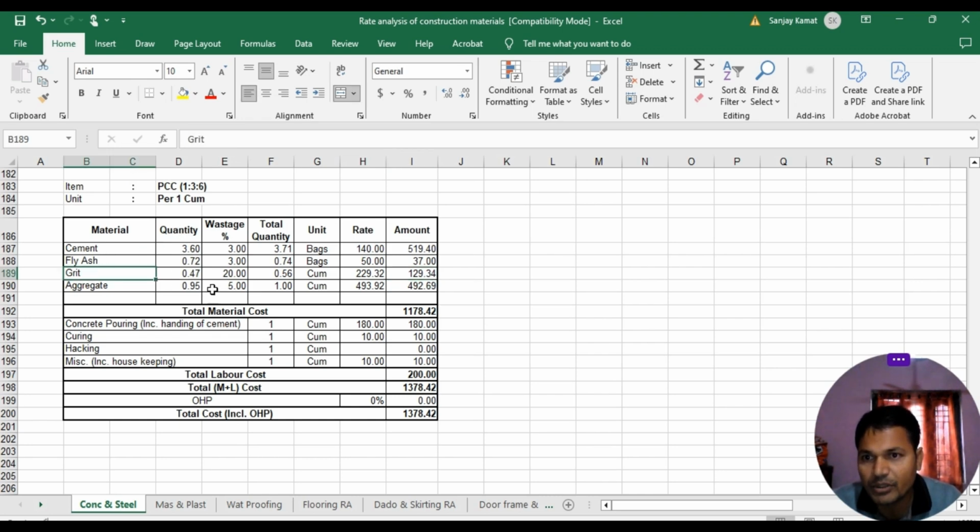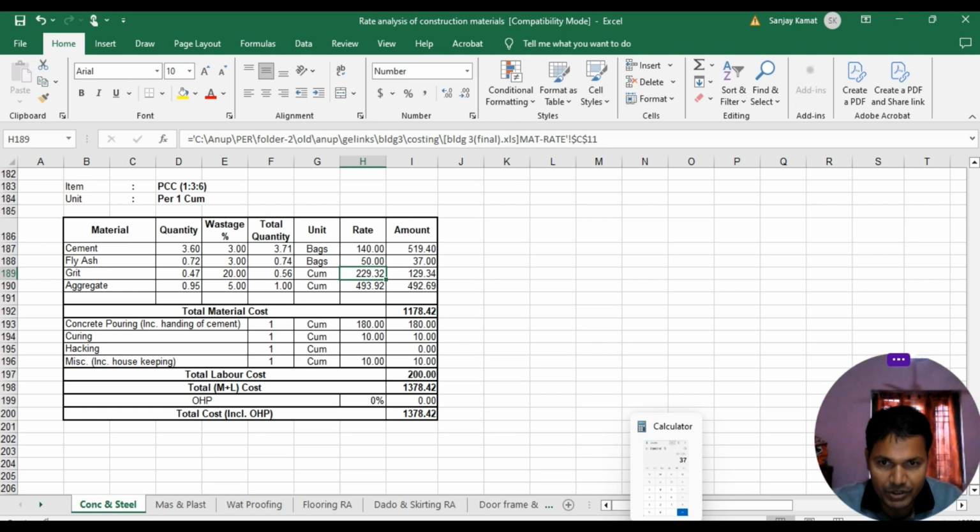So for the grit, the quantity we have taken is 0.47, and for wastage material this time we have taken the grit as 20%, and the total quantity we have taken is 0.56. The unit of the grit is always cum, and the rate of the grit is given as 229.32.